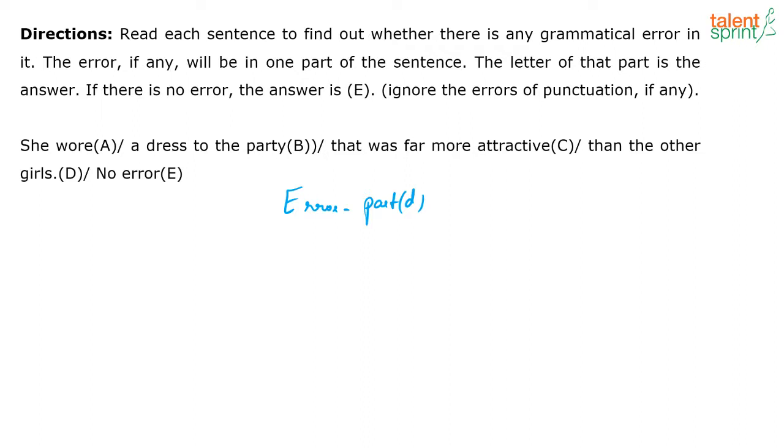So I need to bring in or add something in part D to bring in that clarity. So, she wore a dress to the party that was far more attractive than those of the other girls. Where "those" brings in clarity, saying, hey, we are comparing the dresses and not the girls.